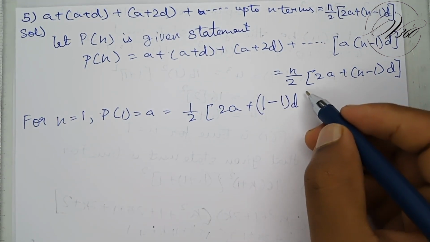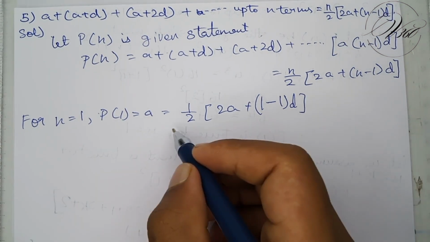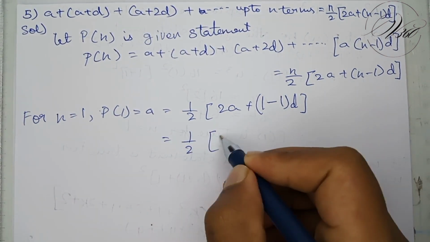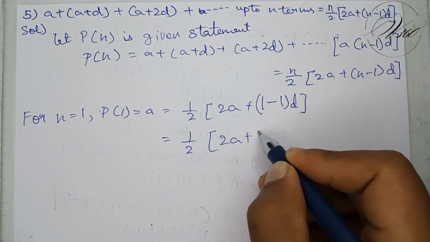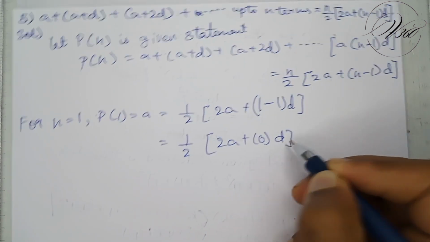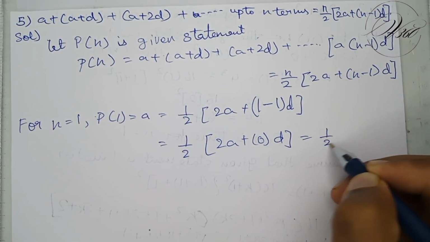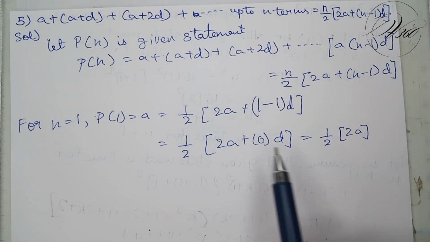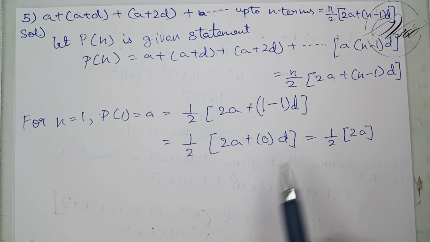Okay, now here I will get 1 by 2 of (2a plus 0 of d), equals 1 by 2 of 2a. Okay, because 0 into d is 0 and 2a plus 0 is 2a only, no?